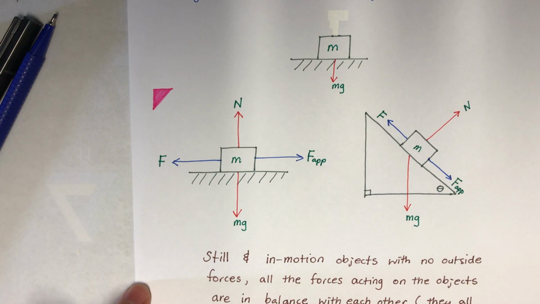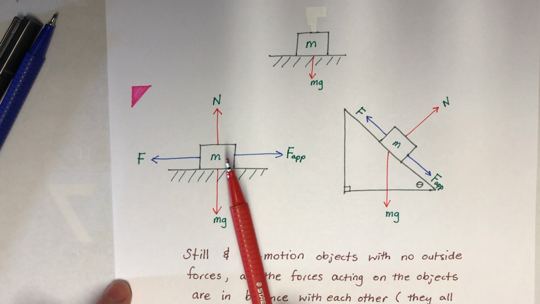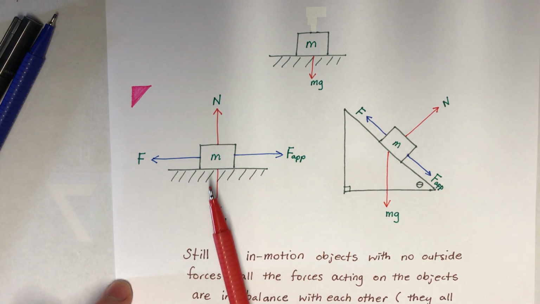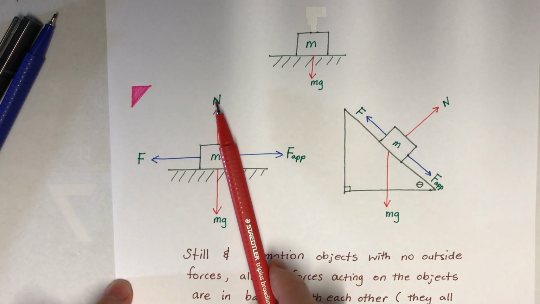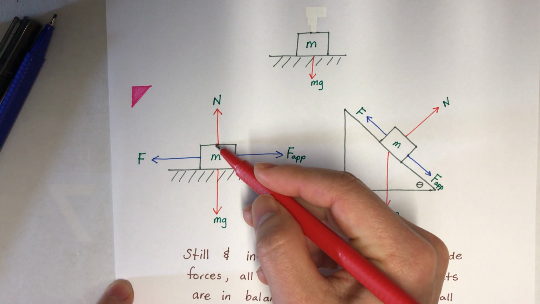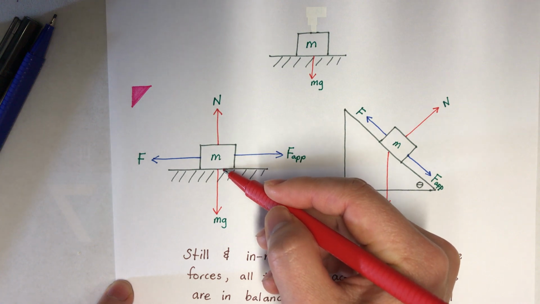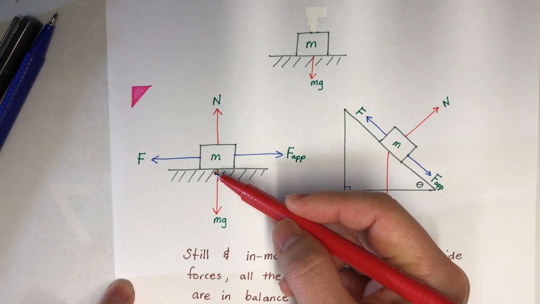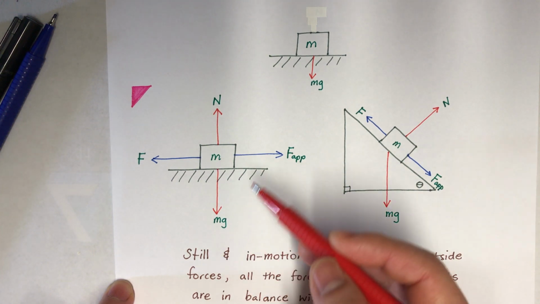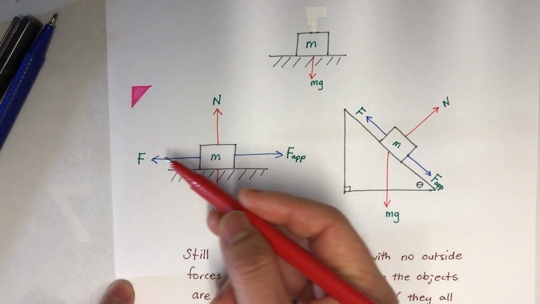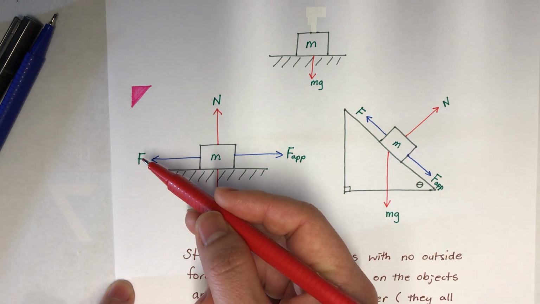So let's have a look at a couple of cases here. If it's on a flat surface, the basic forces will be my normal force, which is perpendicular to the surface, and my gravity force straight down, mg. If this was my applied force, then that would be my friction, opposite right there.